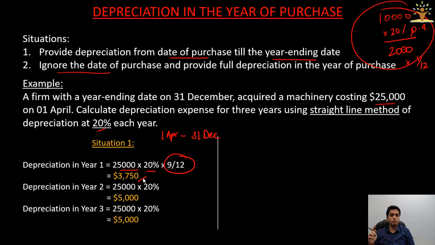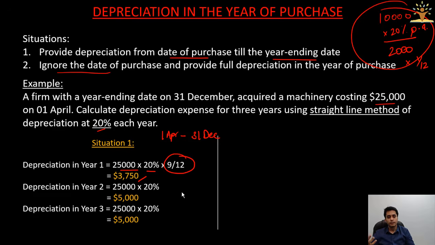One very important point here, a common mistake made by students: they feel that straight line method is a method where depreciation remains same every year. So this 3750 they would give next year also. Without making any calculation, they would say that depreciation for year 2 is 3750 because depreciation remains same every year. That's not true. First year we had done pro rata calculation. That is only applicable for the first year.